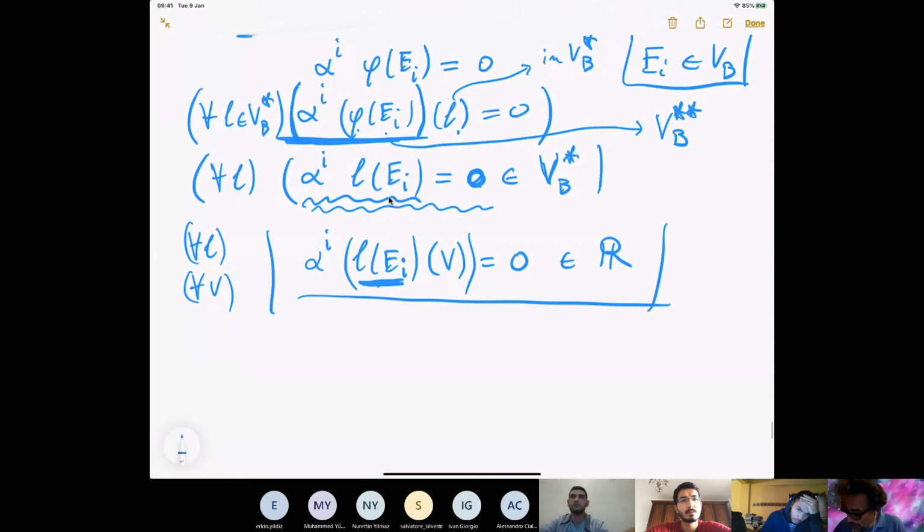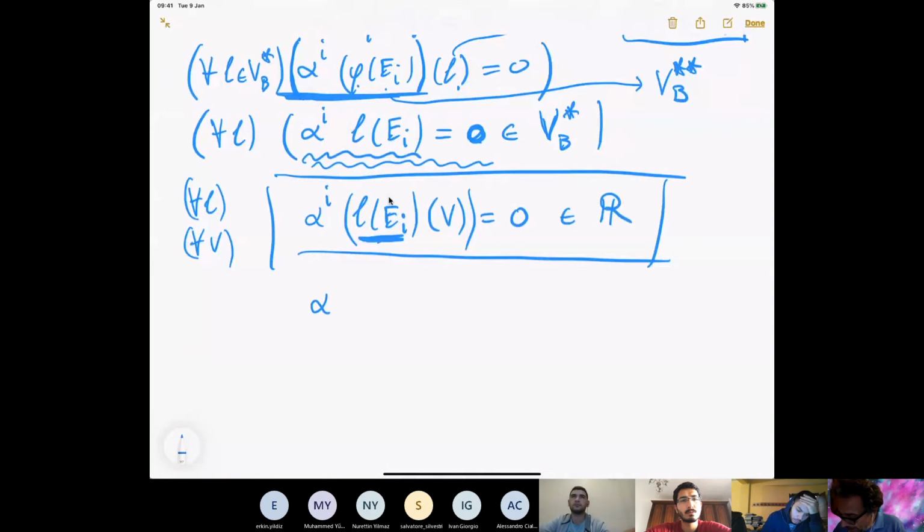Now, this equality, look what we have written. We have alpha I L E I. What is this?